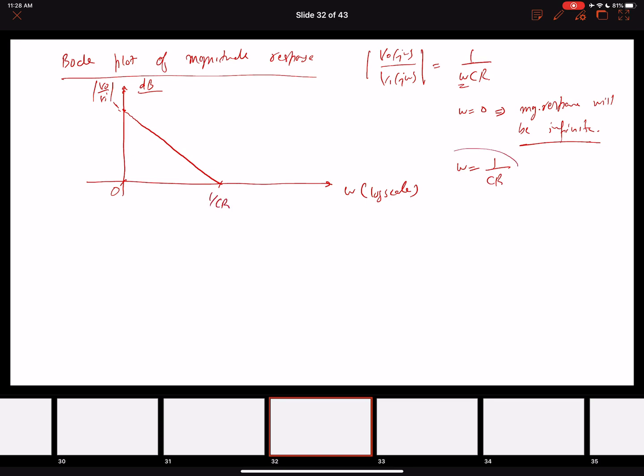Okay, and when omega equals 1 over CR, if I put omega equals 1 over CR over here, V naught over Vi becomes equal to 1, right? And 20 log of 1 becomes 0. So that is why your magnitude response in decibels becomes 0 at omega equals 1 over CR.